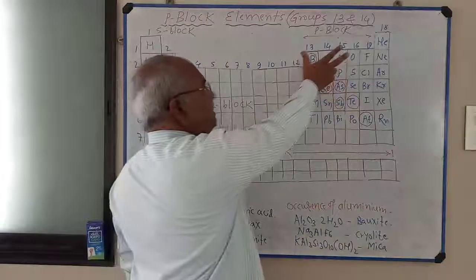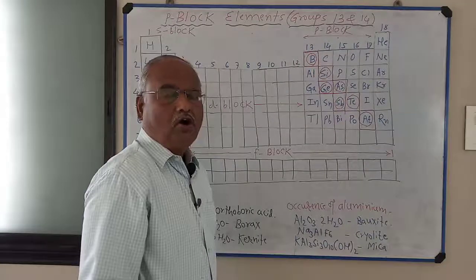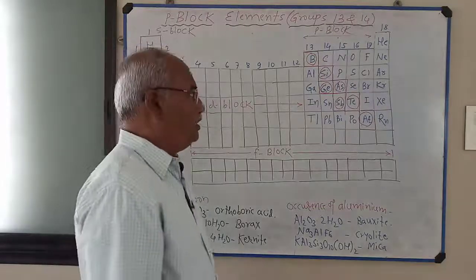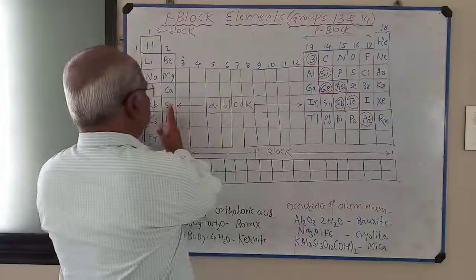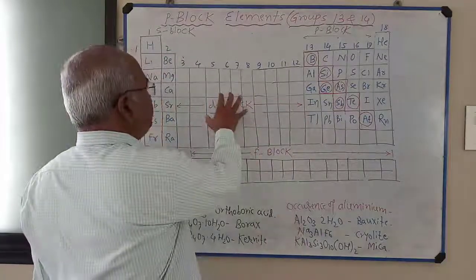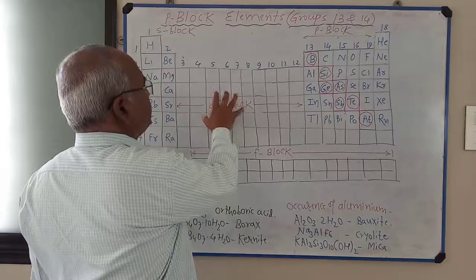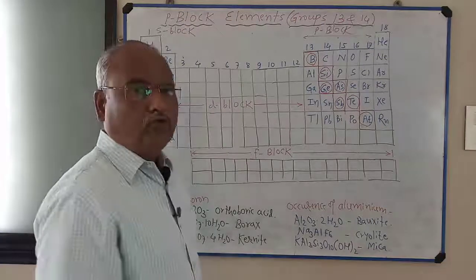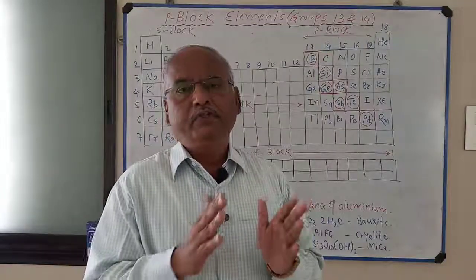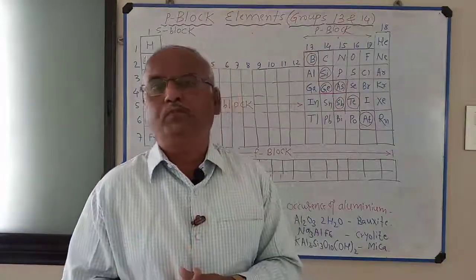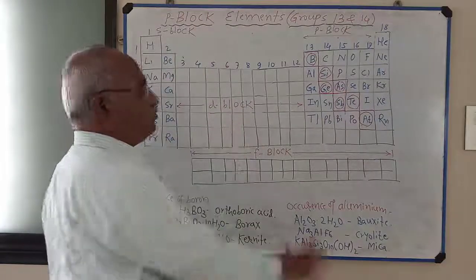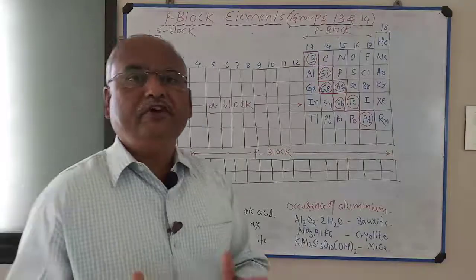P block elements are present on the extreme right of the periodic table. In between S block and P block there are D block elements. D block elements are also called transition elements.